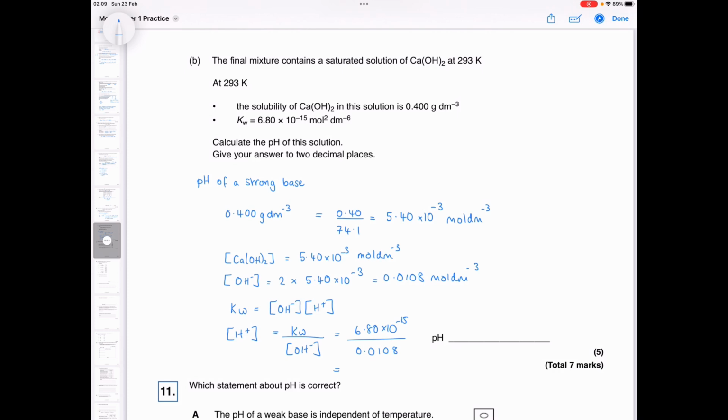And that gives me 6.296 times 10 to the minus 13 is the hydrogen ion concentration. And then we're going to do the negative log to the base 10 of 6.296 times 10 to the minus 13.